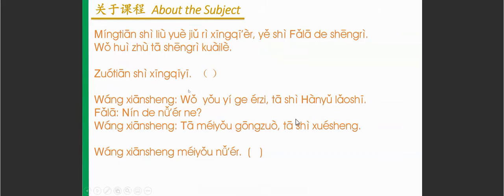So let's check the second question. The second one, they told you 王先生, it's a dialogue. 王先生 said 我有一个儿子，他是汉语老师。Then Fala said 您的女儿呢？王先生 said 她没有工作，她是学生。So the question: 王先生没有女儿.